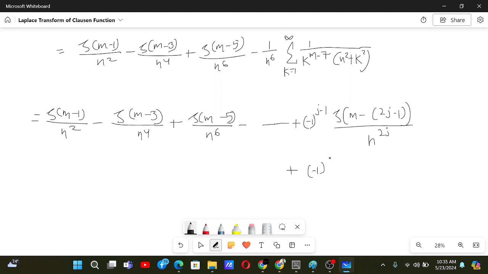This is the jth term, and this one is the j plus 1 term. So this should just be minus 1 to the power j. Let me make sense of it first. Okay, does it make sense? Yes, it makes sense.